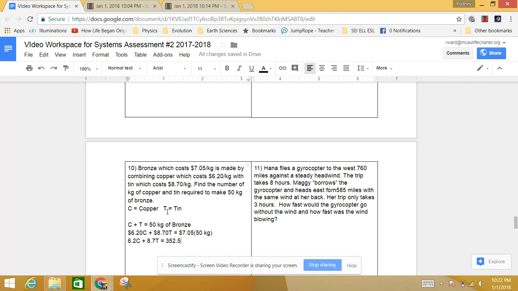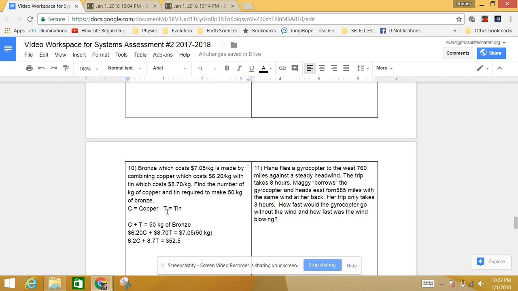Now we have another equation. We have an equation in terms of price. So $6.20 times the copper plus $8.70 times the amount of kilograms of tin will get us the total cost of the bronze, which is $7.05 for every single one of those 50 kilograms.